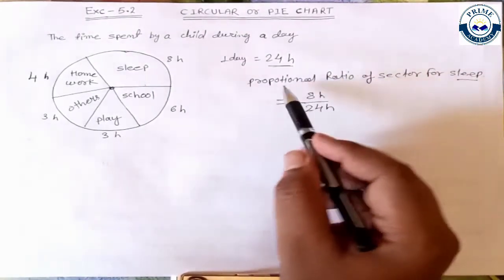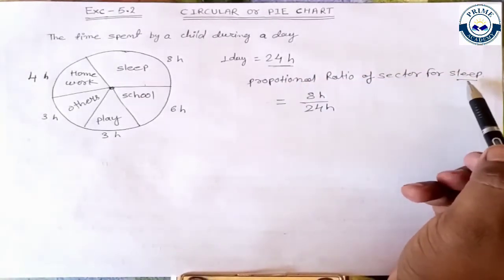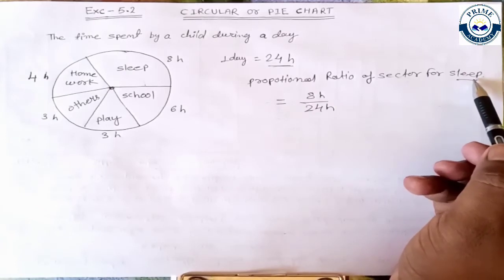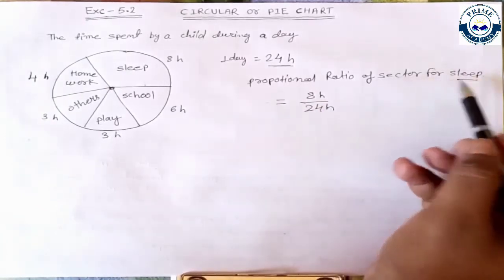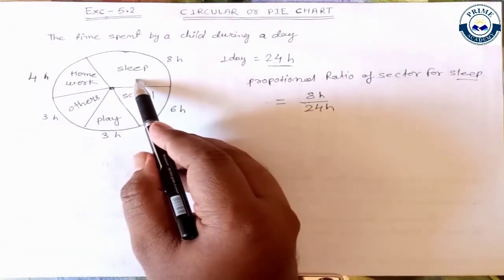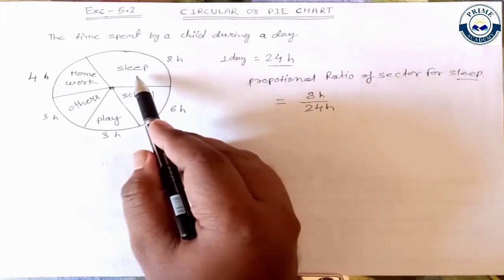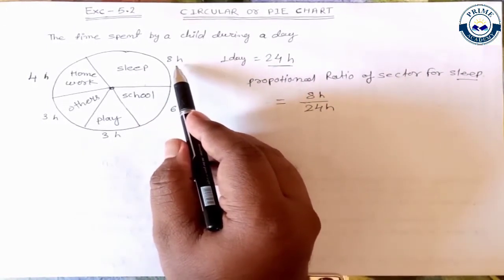Getting my point? The proportional ratio of the sector for sleep, how much time he has spent in sleep, we have to calculate in terms of proportionality. So he has spent 8 hours, as you can observe from this pie chart. This pie chart shows 8 hours spent by the student, right?